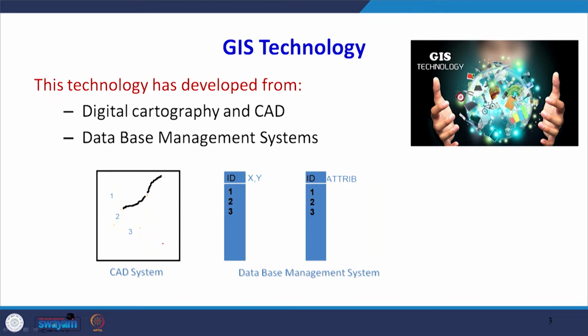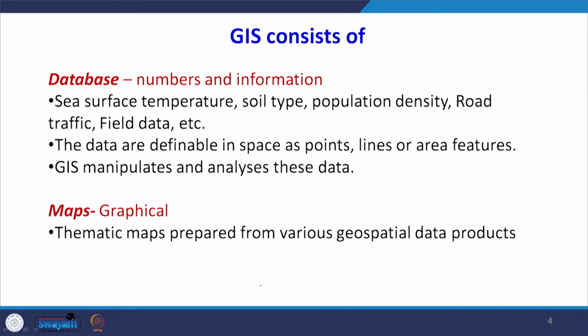So from digital cartography, CAD systems came where we were representing the maps in different scales and different themes. Then the database management system also came. The database management system and the maps which we are integrating together, that is basically the GIS technology. So it has developed from two things: one is the digital cartography, which is the CAD based technology, and another is the database management system. If we integrate that together, that is basically GIS technology.